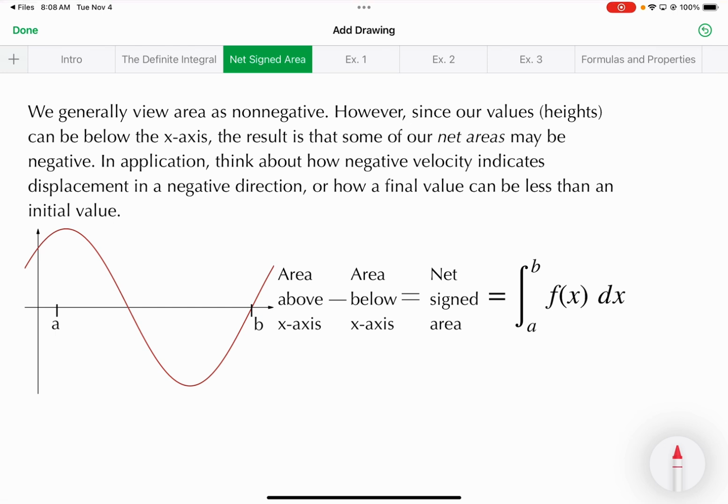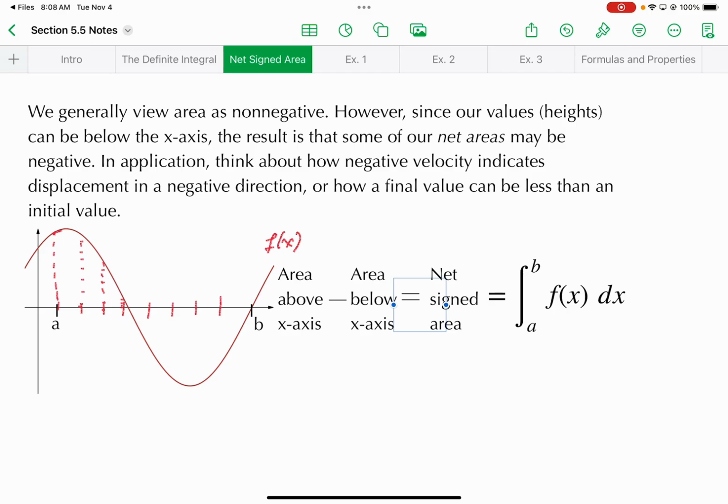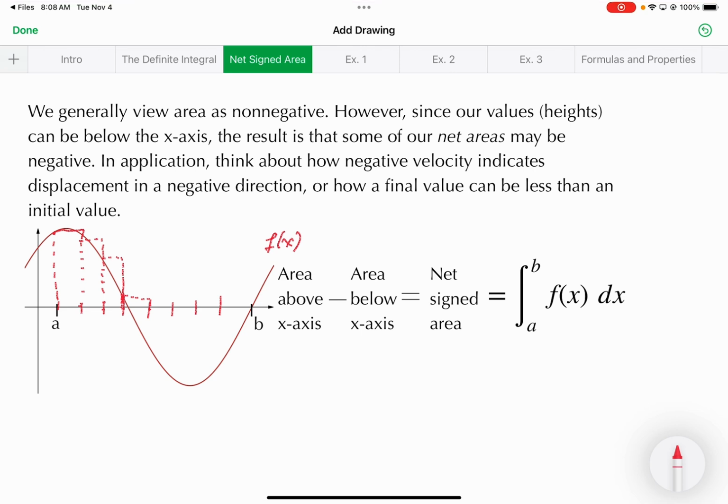All right, so here's a function such that if I take my area from a to b and I break it up into a bunch of different intervals, depending on how I assign those rectangles, if I did it in a very rudimentary way, let's say using left endpoint, I've got some area here, and then here to here.